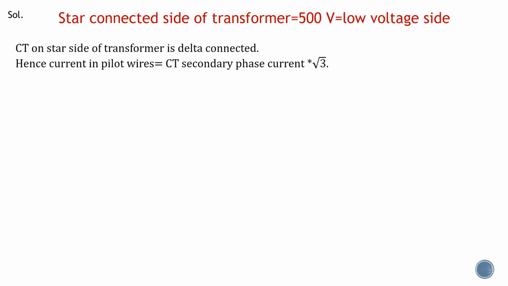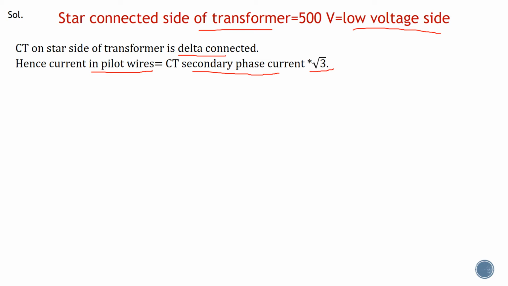Starting with the solution, first we will find the CT ratio on the high voltage side. For that, the star connected side of the transformer, that is basically your low voltage side, has CT connections in delta. Therefore, the current flowing into your pilot wires will be the CT secondary current multiplied by root 3.